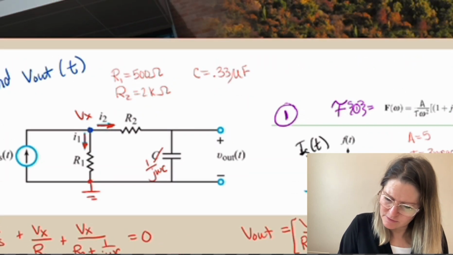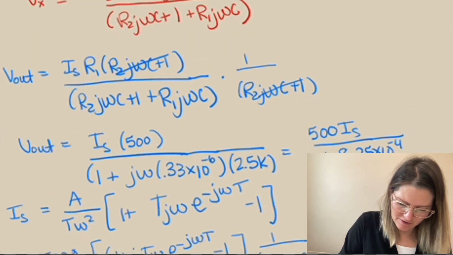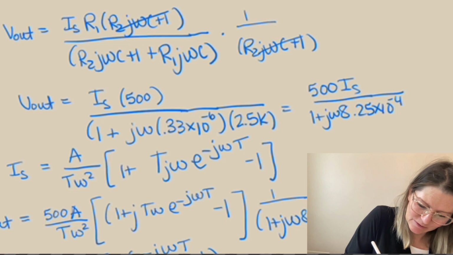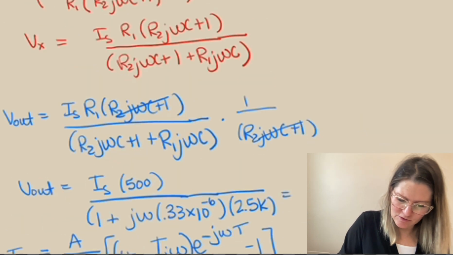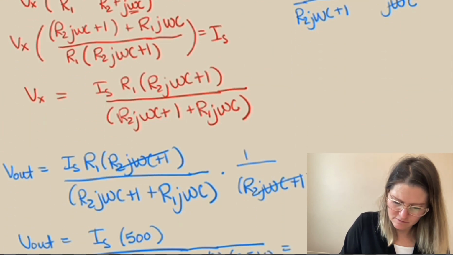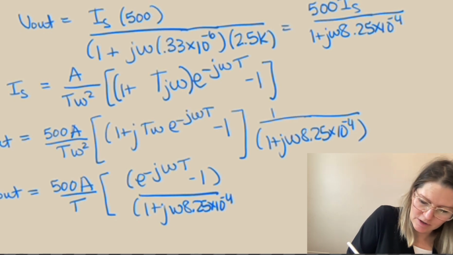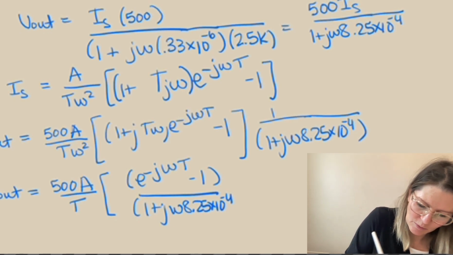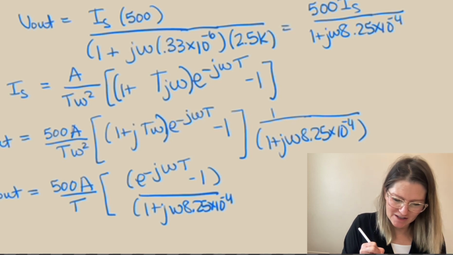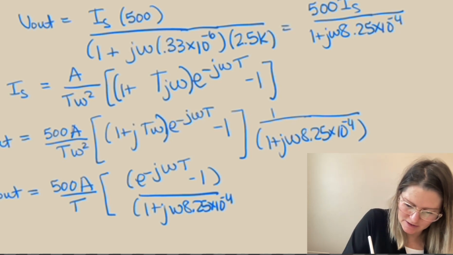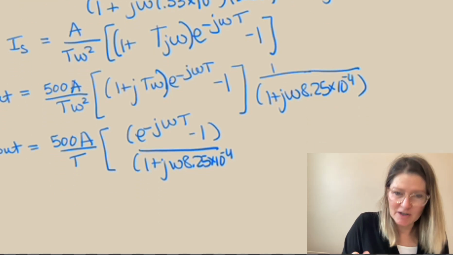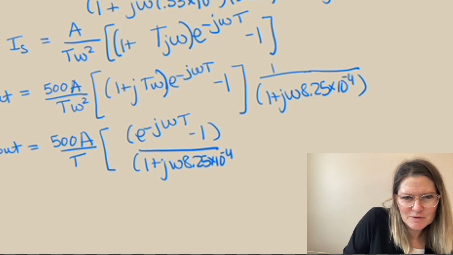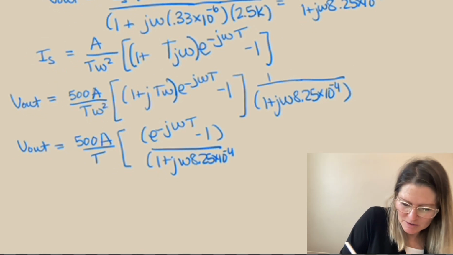I miswrote this somewhere. So this is 1 plus jt omega e to the minus j omega t minus 1, okay. Sorry, I got a little confused for a minute because I was like, that's not quite equal.